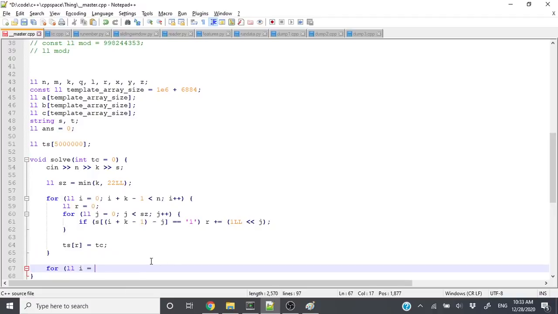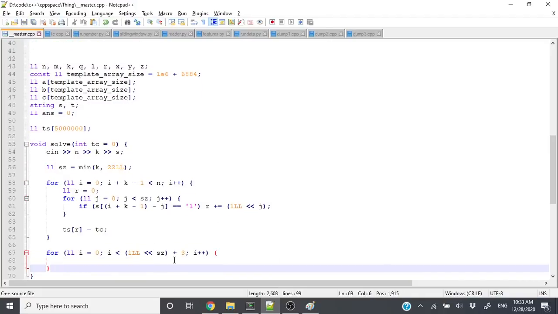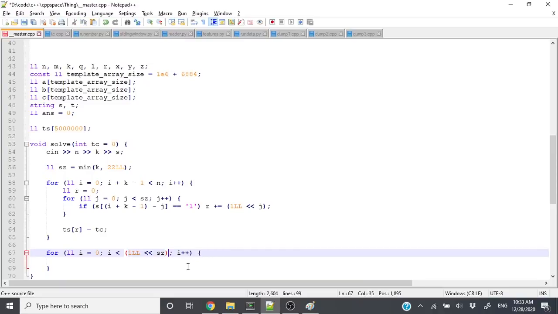Now, i is less than 1LL shifted by size plus 3 or something. Actually, it should be 2 to the size.